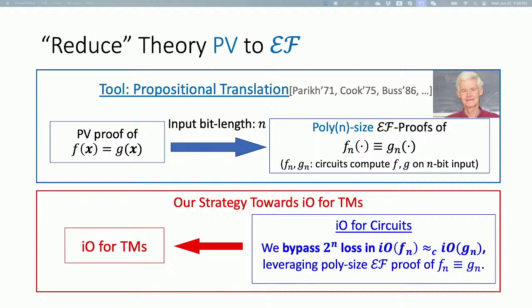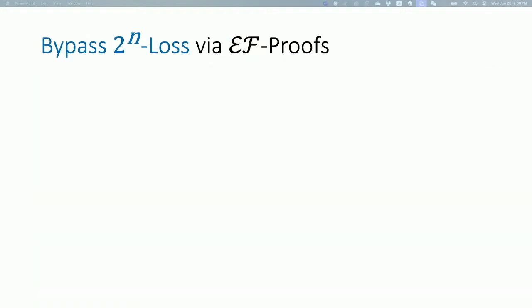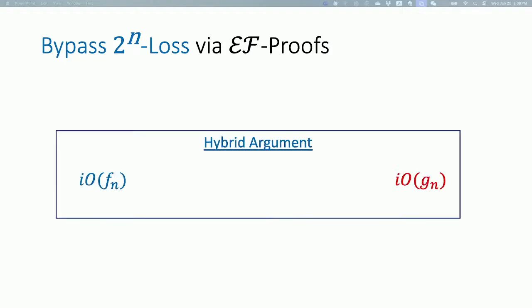Next, I'm going to show you a high-level idea of how to build iO for circuits bypassing the input length loss. Suppose we have two circuits, Fn and Gn, and they are functionality equivalent. To prove the indistinguishability security of iO of Fn and iO of Gn, we are going to use a hybrid argument.